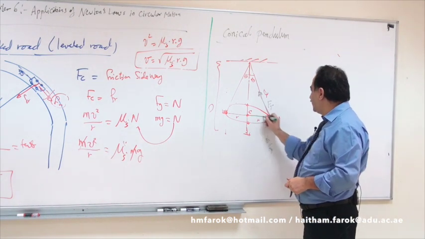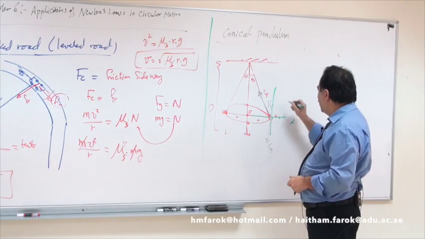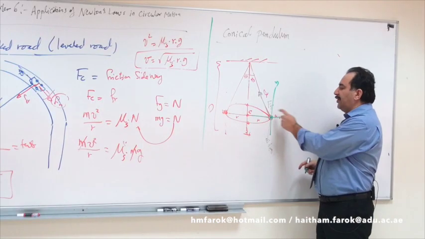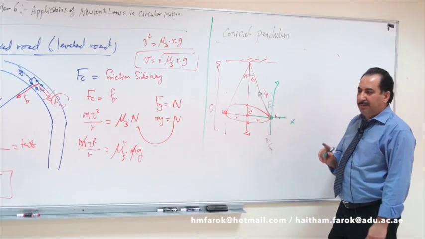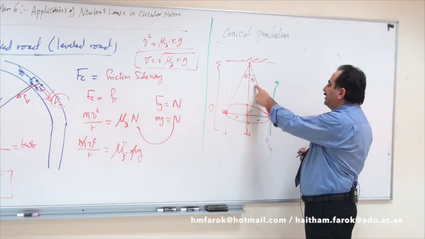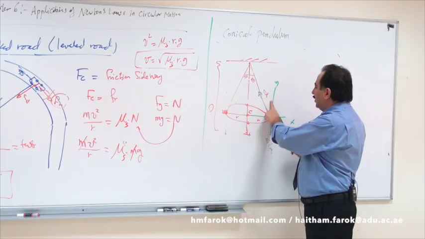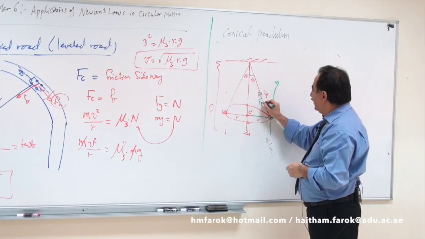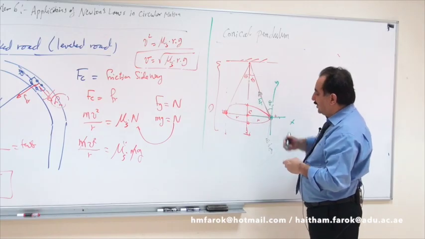So if I put X and Y here, which force has component? FG or FT? FT. Now, by geometry, if this is theta, where is theta? With Y, yes? And this is FT. Let's remove this one.